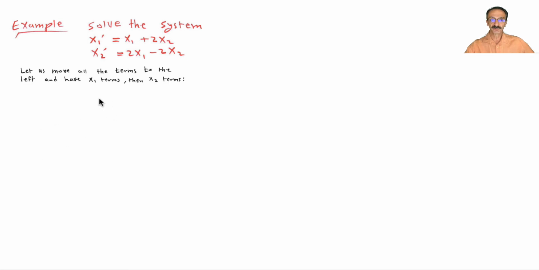Let us move all the terms to the left hand side and keep them organized. x1 terms first, then x2 terms next. Move this to the left, 2x1 to the left, minus 2x2 to the left, and have 0 on the right hand side, just like algebra.